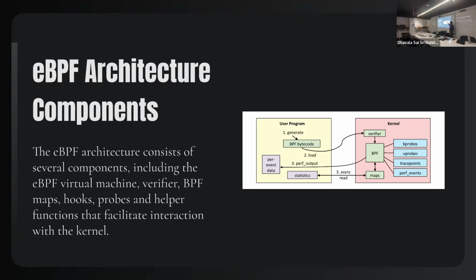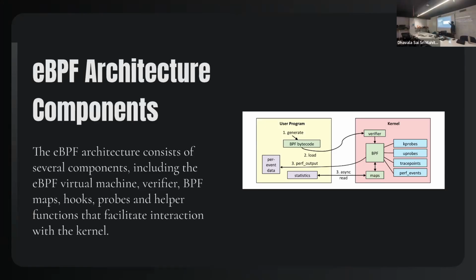The Fibonacci failed because it was creating an infinite loop. And after the verifier passes that, it will go to the BPF. So the program will be sitting there idle until it gets a trigger. So a trigger can be a kprobe, which is basically a Python function which inserts all the BPF data into the kernel.